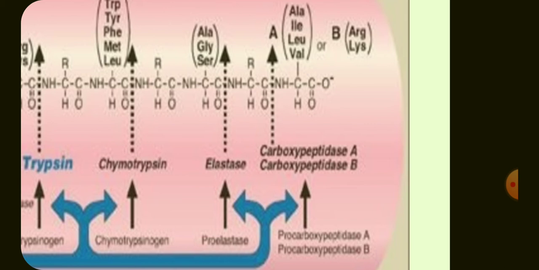Here our fourth enzyme is carboxypeptidase. It hydrolyzes the amino acid present at the C-terminal, and it has an affinity for amino acids like alanine, isoleucine, leucine, and valine.